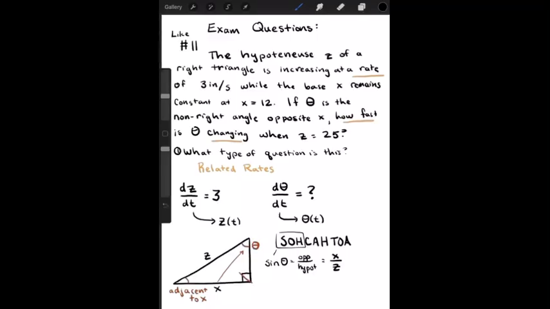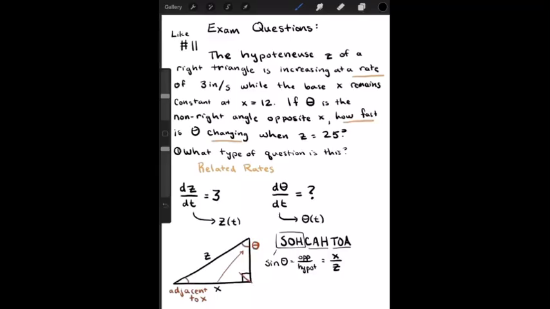Right? The CAH means that if we wanted to relate something adjacent and the hypotenuse, then we'd use cosine. And if we want to use something opposite and adjacent, we'd use tangent. Right? But we have something where we want to look at the opposite side and the hypotenuse, so we're looking at sine.